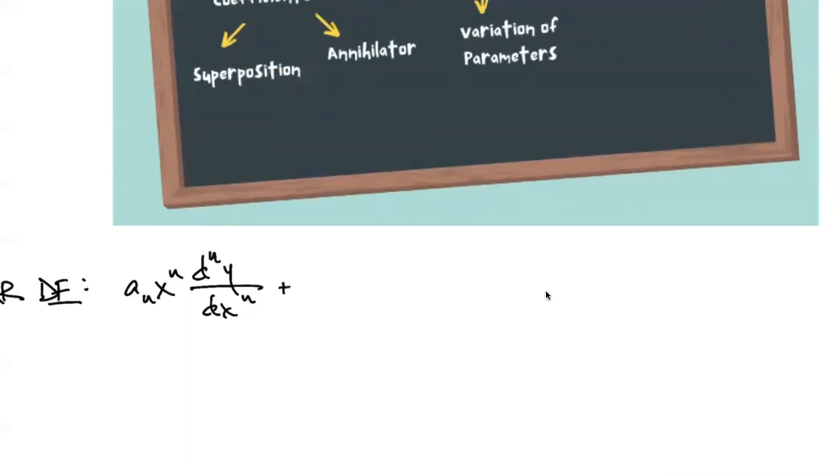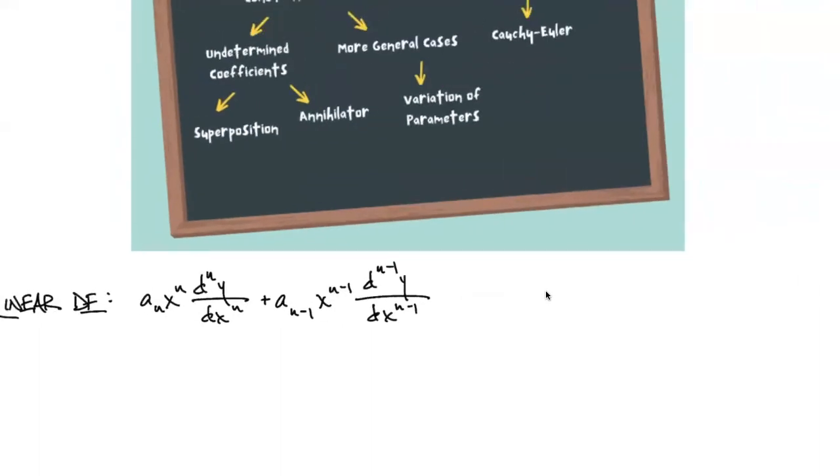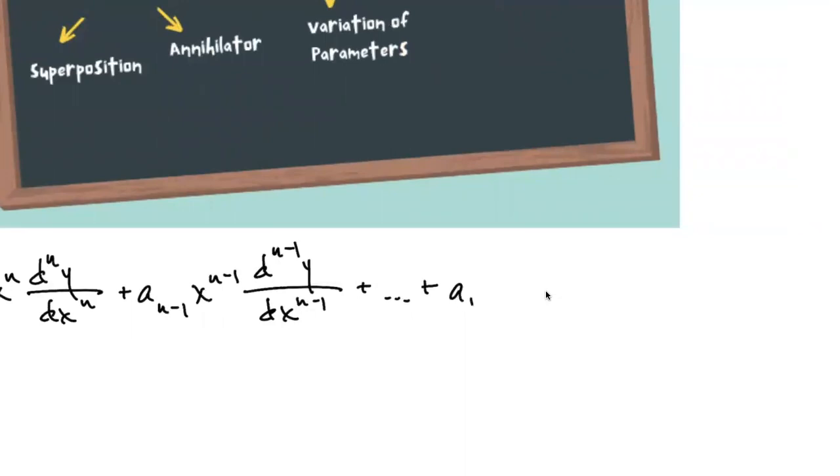And then as we move along, we have one less derivative each time. And for simplicity's sake, we'll put a few dots. And then at the end, we're going to have our a sub 1 x dy/dx plus a naught, no x here because it's x to the 0, y, which is going to equal some function g of x.